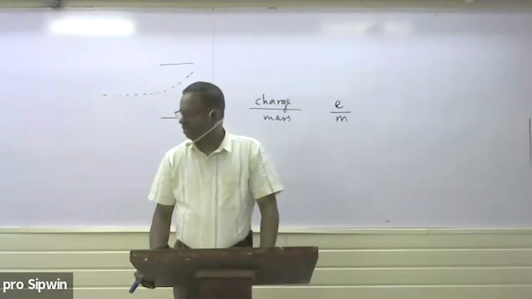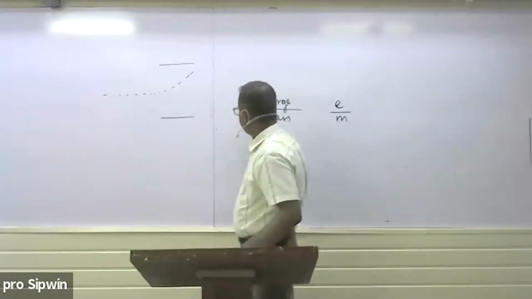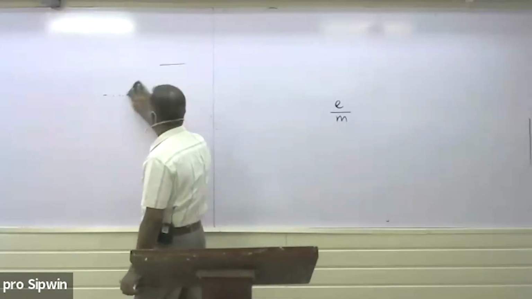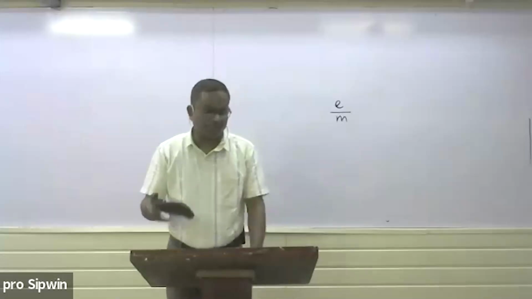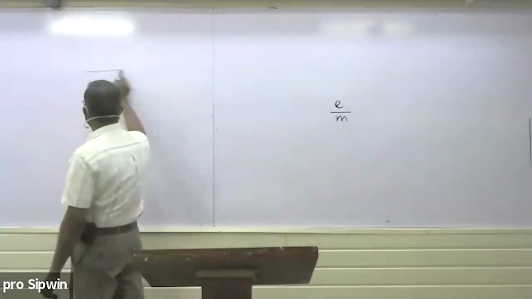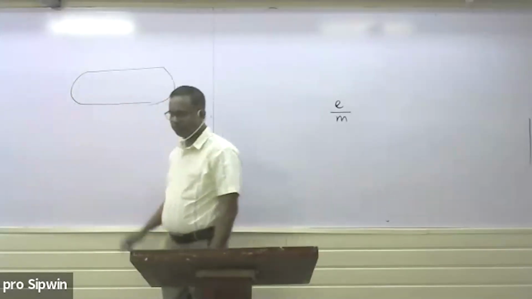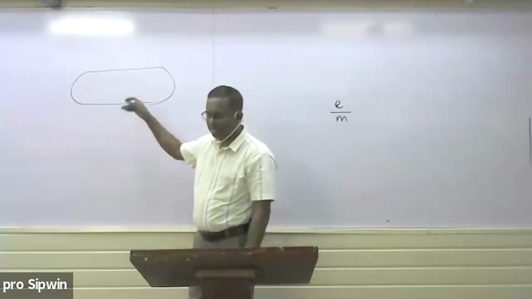Okay. After that, he wanted to check this. Inside the cathode ray tube, he used different gases. Once hydrogen is the residual gas inside the tube. Once it is helium. Like that we change the gases.